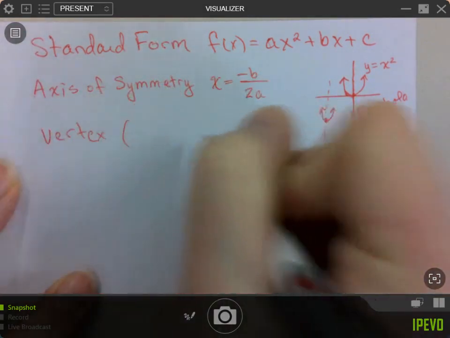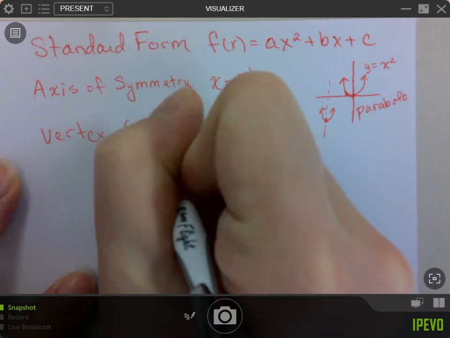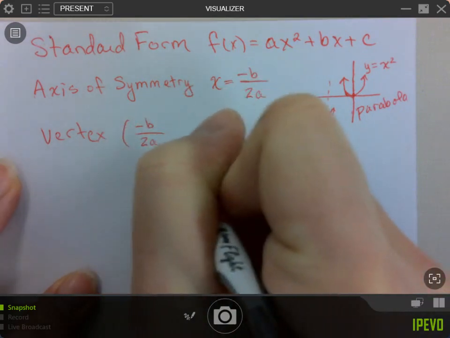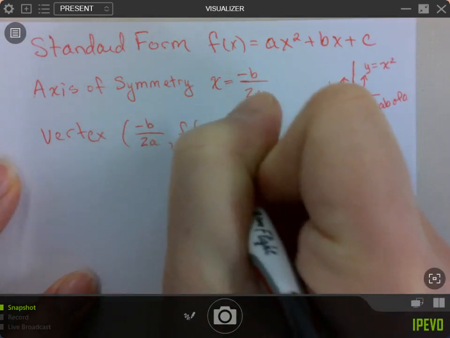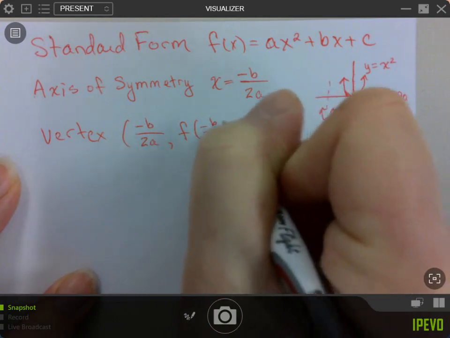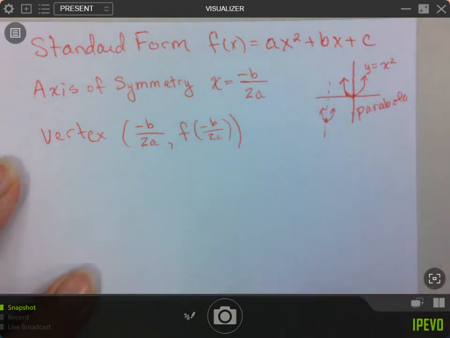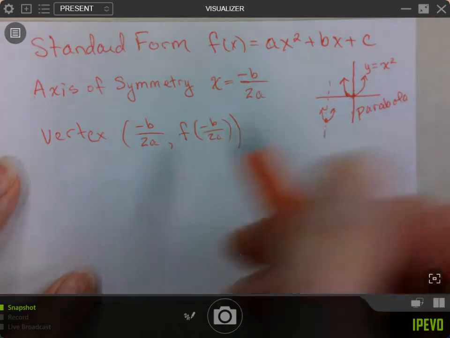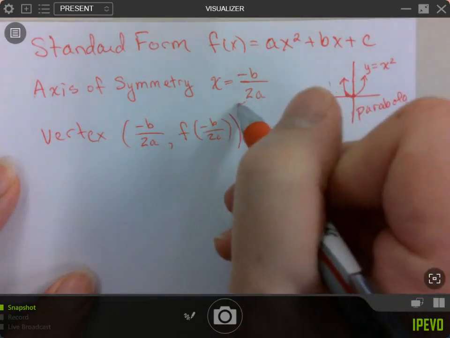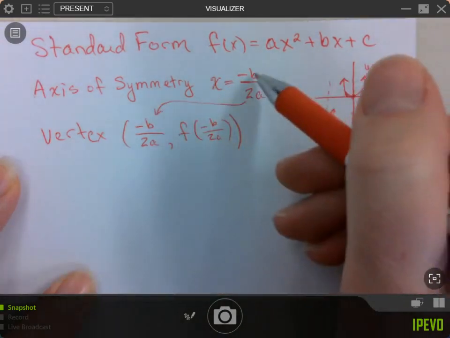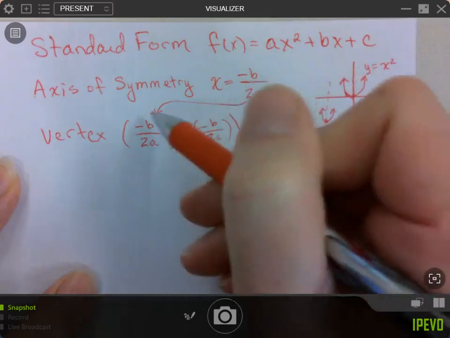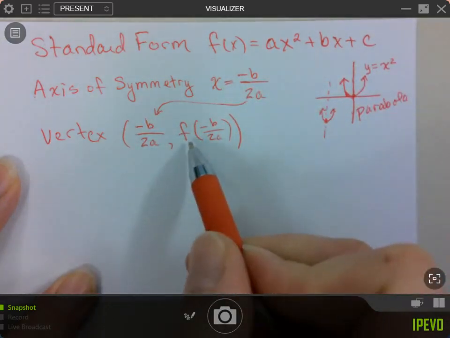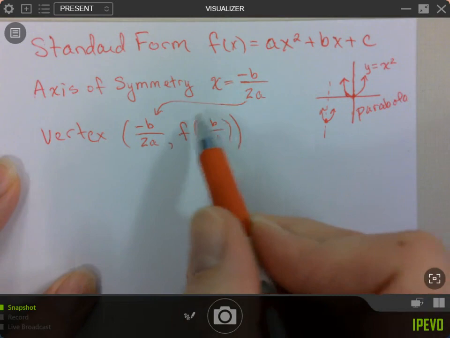So if we're being mathematically technical, this is how you would write the vertex, which can be a little bit overwhelming. And I've shown you this before. The vertex is x, y, we know that, but the x value comes from negative b over 2a. X equals this, we drop it in, and this is f of x, which is the same as what?